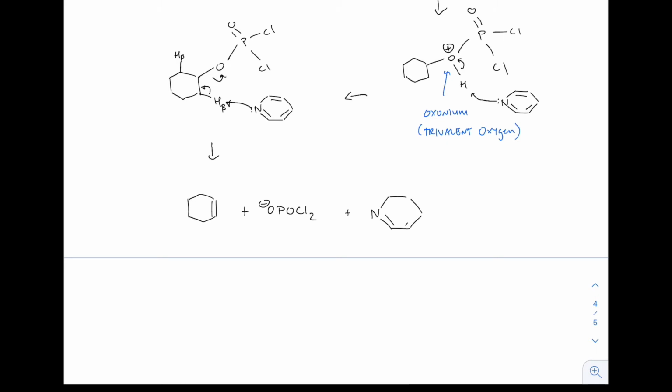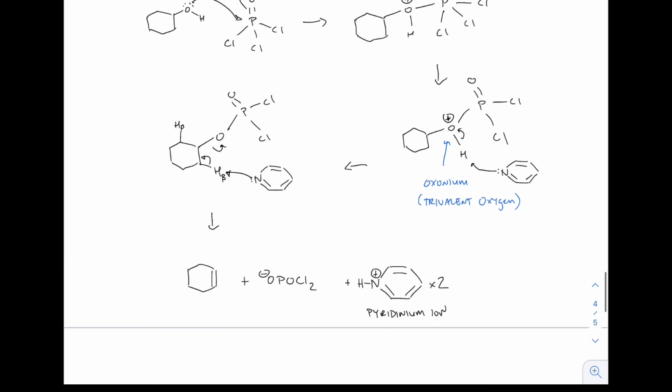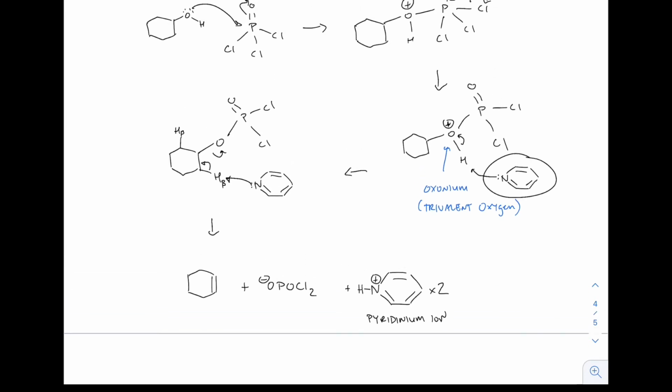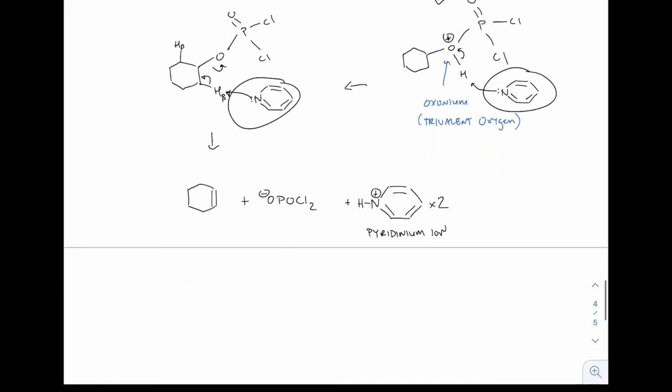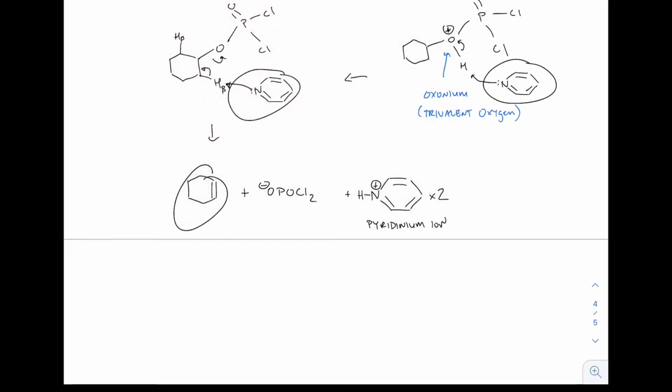And then an alkene product is formed. We also have this positively charged nitrogen species, which is called a pyridinium ion, and we have 2 of them from the deprotonation here and here in the reaction.